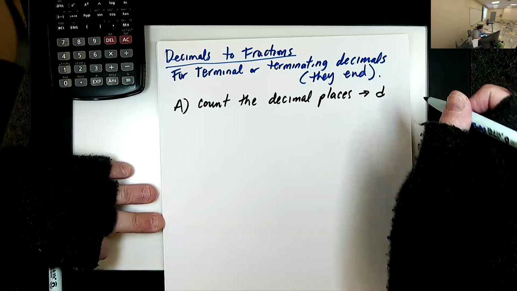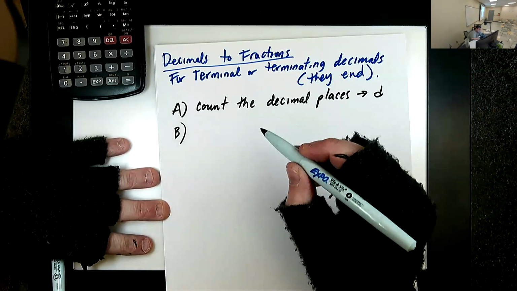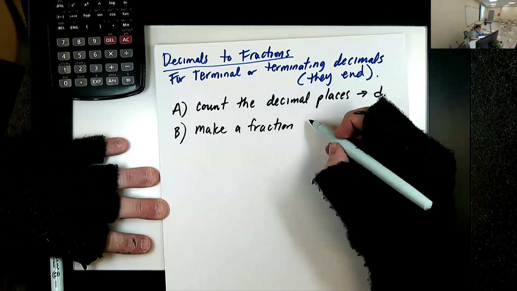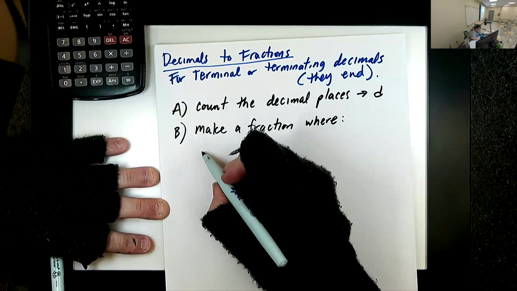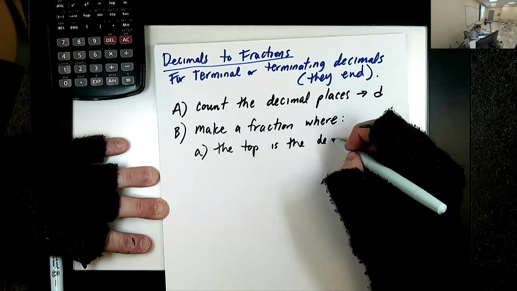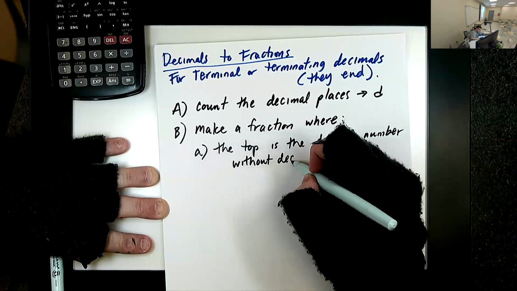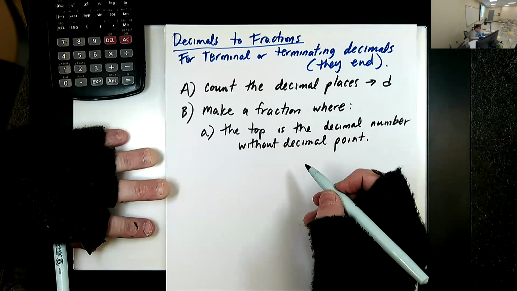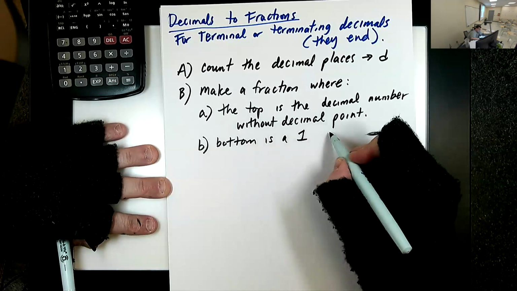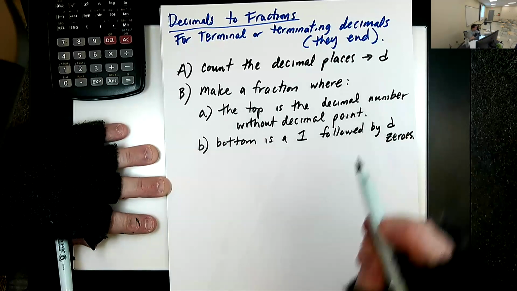Let's say that's a value D. I don't know what it is, but however many it is, it's D. Part 2 is you are going to make a fraction where the top is the decimal number without the decimal point, and the bottom is a 1 followed by D zeros. Whatever you got from the first thing.